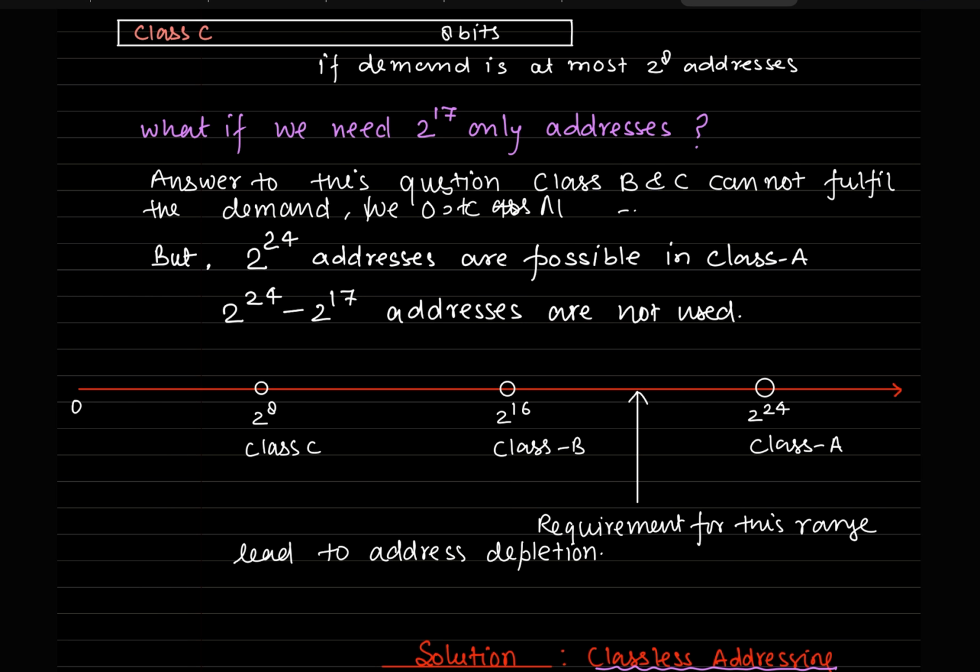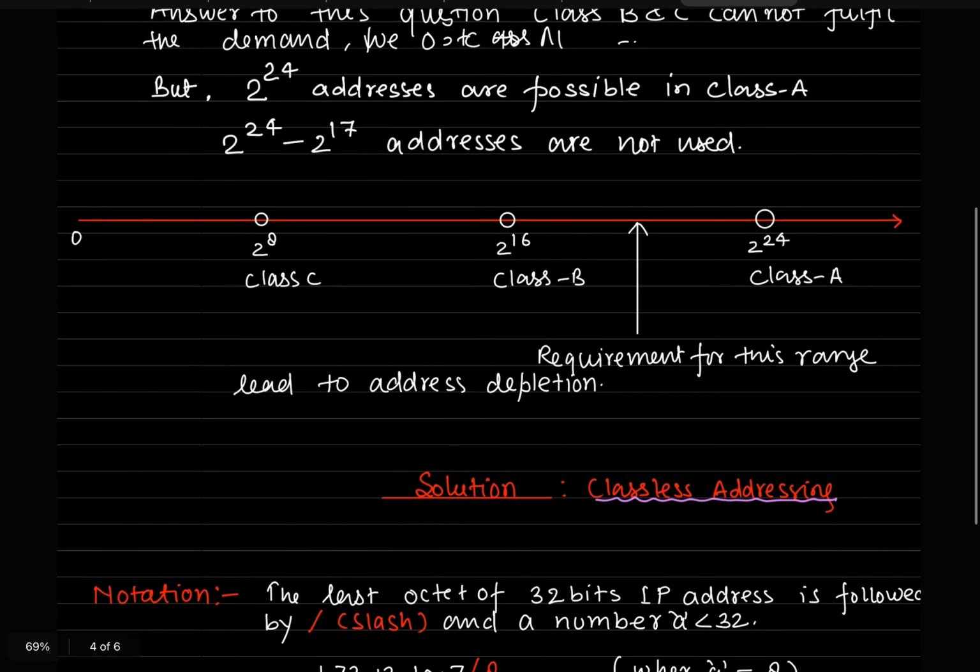The number of IP addresses wasted is 2 to the power 24 minus 2 to the power 17. That is a very big number. So all the numbers we get after subtracting 2 to the power 24 minus 2 to the power 17, these IP addresses will get wasted.